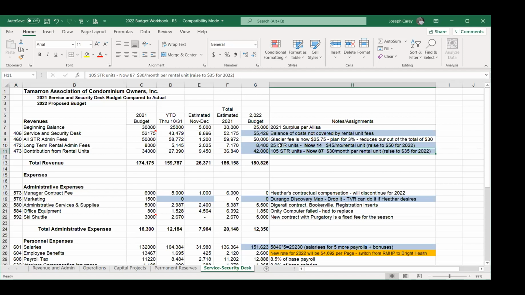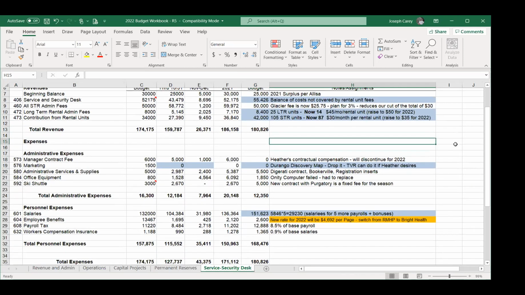And are those numbers reflected here? Yes, they are. Right now it's 45 and 30. So that'll be something the board considers when it votes on this budget, because right now those are the numbers in there.